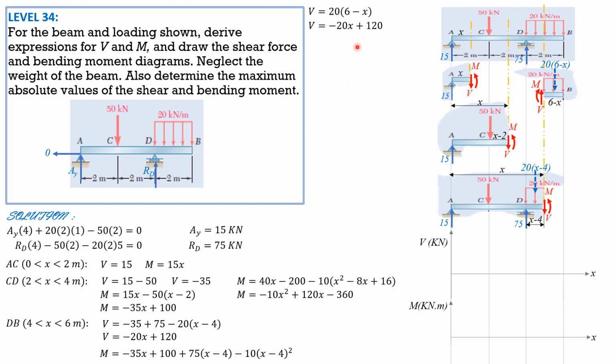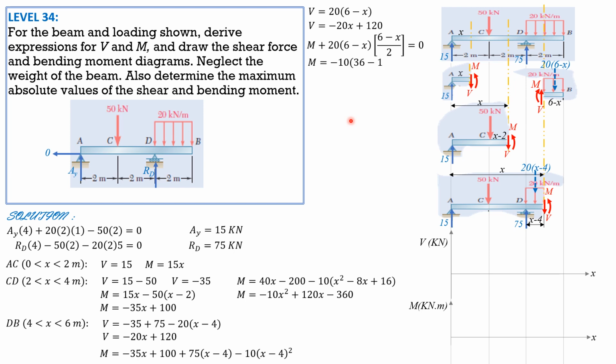But simpler and easier. Then for moment, moment plus 20 times 6 minus x times 6 minus x over 2, it's negative. So moment plus 20 times 6 minus x, moment arm 6 minus x over 2 equals 0. Summation of moment about this section, considering this free body diagram.